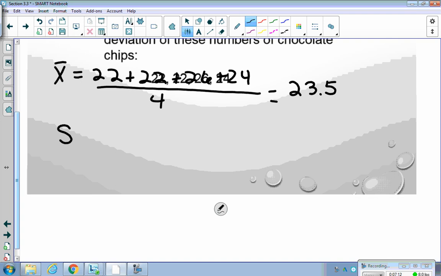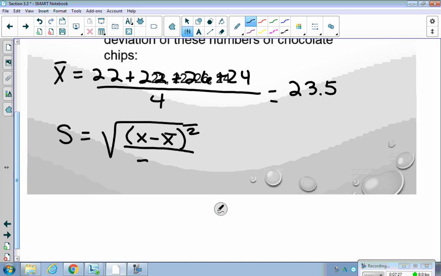Remember, my sample standard deviation is equal to the square root of the sum of x minus x bar squared divided by n minus 1.